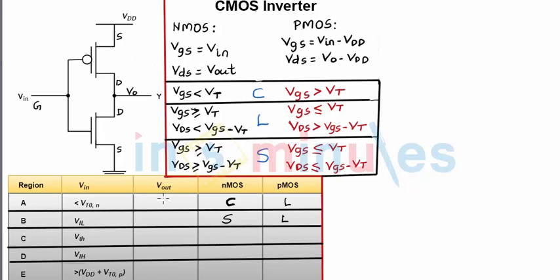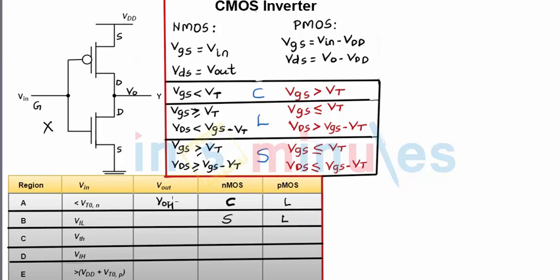For region A, my output, because input is less than the threshold voltage of NMOS transistor, which meant that my NMOS transistor was off, and if NMOS was off, my PMOS was on, and my output was pulled to a logic high, which was nothing but output high. Again, in case B, when my input was low, my output was still considered as logic high.